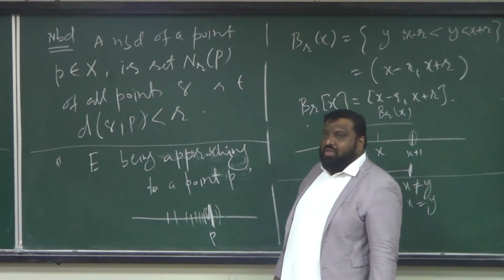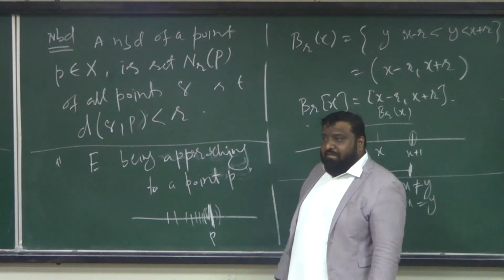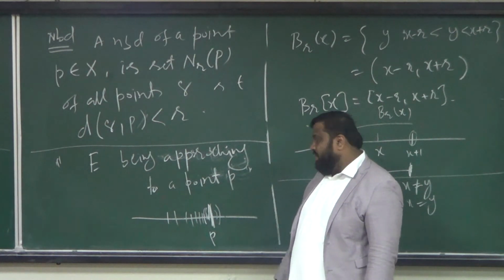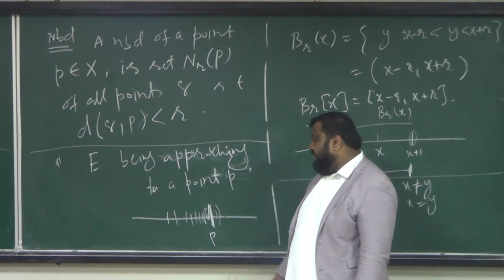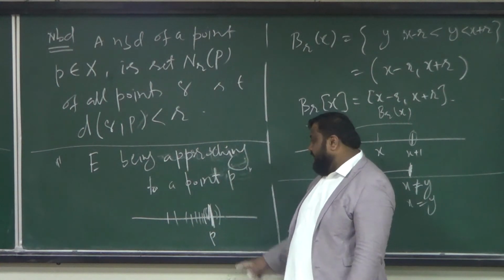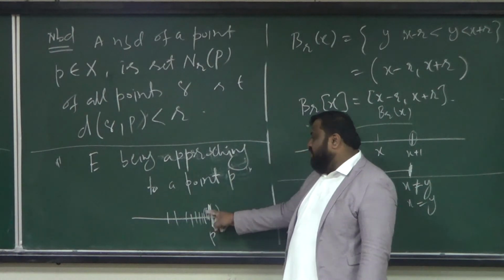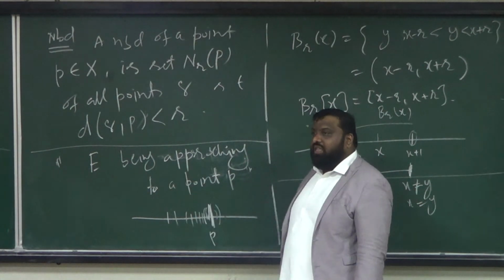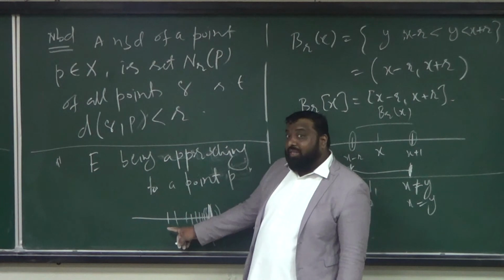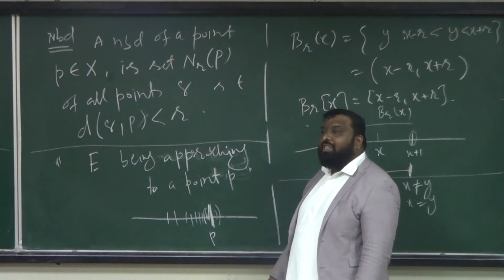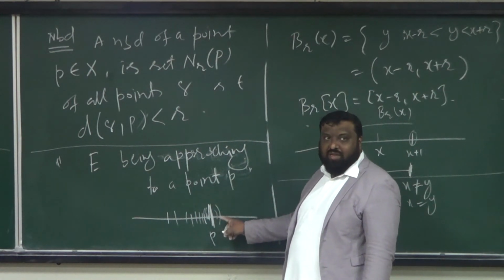So we are going to say that if I have a point and a set such that any neighborhood of this point meets the set E, then E is approaching this point. In other words, for this set we have a limit point.